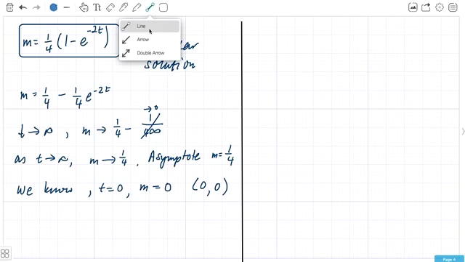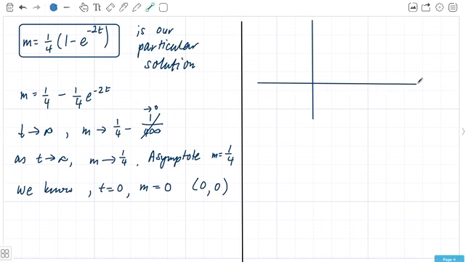So we'll put some axes down. We've got m, which is the mass of the isotope, and t. We're only interested in positive t, so we're only interested in the first quadrant. At m equals 1/4 we've got an asymptote, and we have a point at (0, 0).